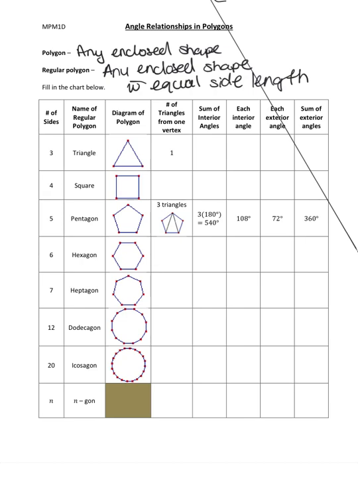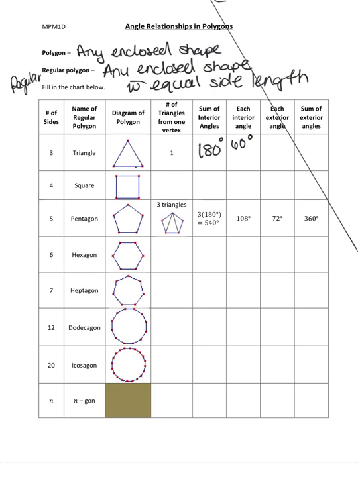The sum of the interior angles, if I add up all of the inside angles in my triangle, is going to equal 180 degrees. And if this is a regular triangle, then each interior angle is 60 degrees. And this is for regulars. Okay. And remember my exterior angle.